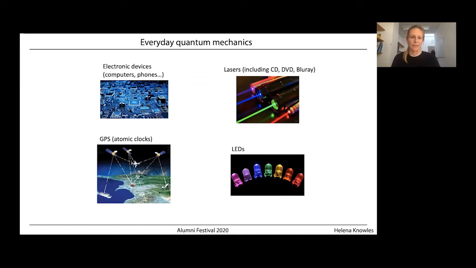The rules of quantum mechanics are needed to describe how any kind of semiconductor technology works. So any kind of electronics has quantum mechanics built into it. Lasers, of course, as well, atomic clocks used in GPS, and LEDs as well. So there's already a lot of quantum technology around us.